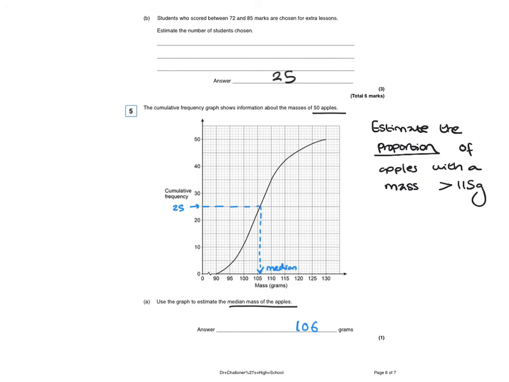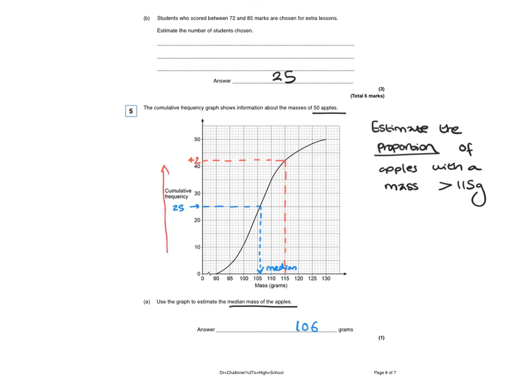I'm going to find 115 grams on my x-axis. There it is. I'm going to draw that across to my y-axis like so, which gives me a measurement of 42. So that suggests to me that 42 apples have a mass less than 115.